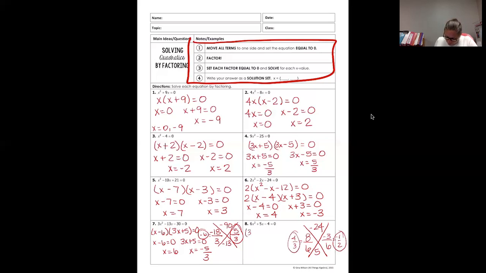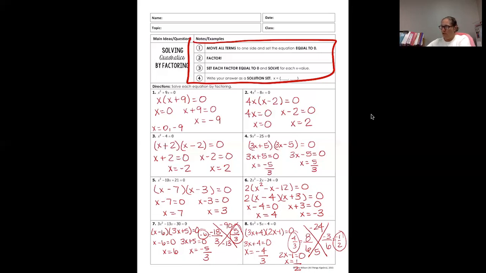So we have 3x plus 4 and 2x minus 1 is equal to 0. Set each factor equal to 0. Remember the steps that you take to solve to get your answer. Subtract 4, divide by 3, add 1, divide by 2. So x is -4/3 and +1/2.